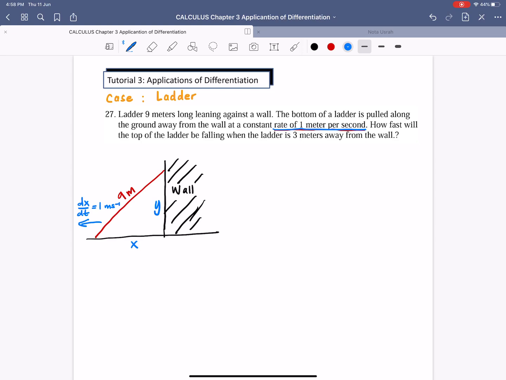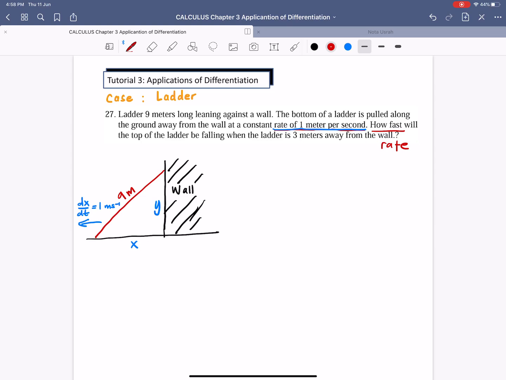The next sentence of the question: how fast? How fast means this is about rate. How fast will the top of the ladder be falling when the ladder is 3 meters away from the wall?